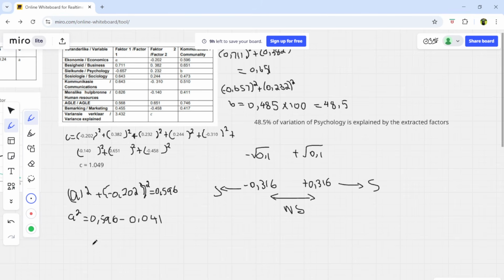And now to get the final answer, you're going to say a is equal to the square root of that.